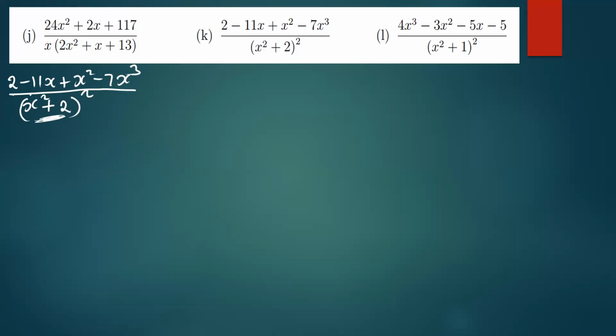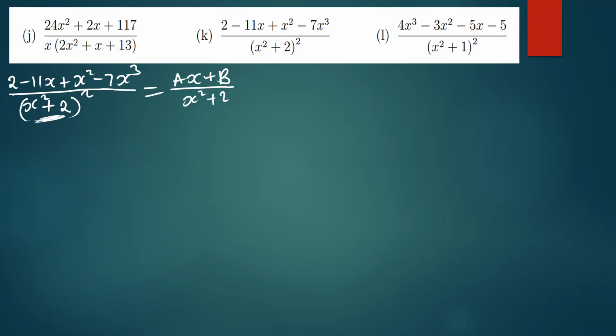But when you check this quadratic equation, it cannot be factorized. If you can't factorize this quadratic equation, it means that you have to write something like this. On top there, you have ax plus b over x squared plus 2. But this one is repeating itself. So now how do we deal with that?